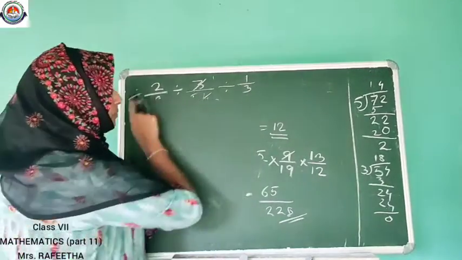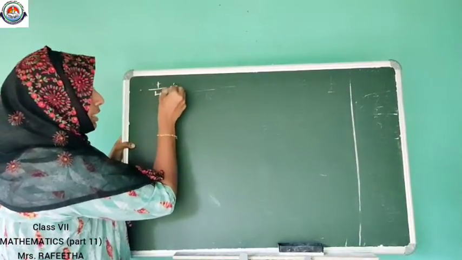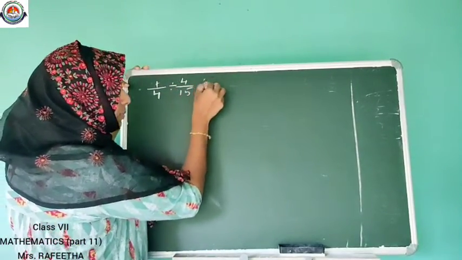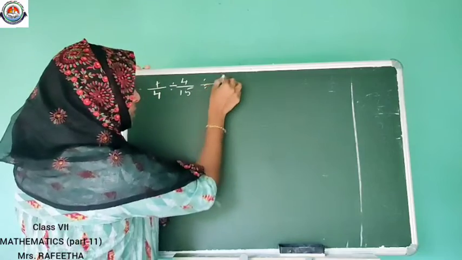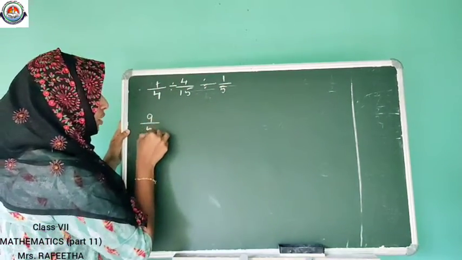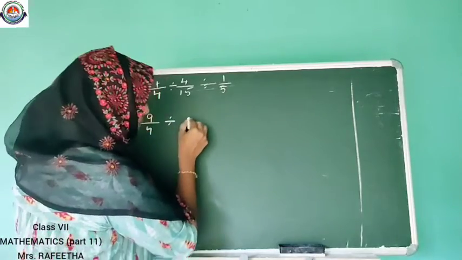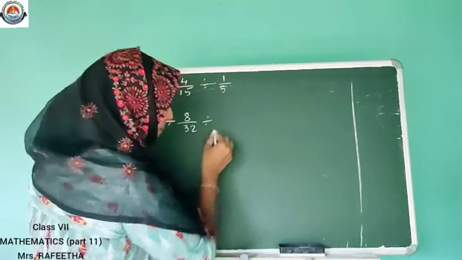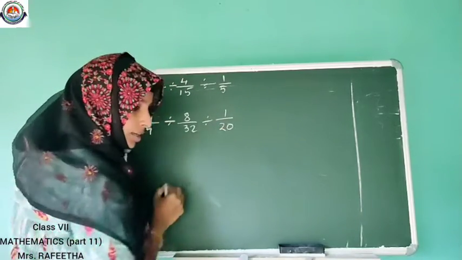Next question. 1 by 4 divided by 4 by 15 divided by 1 by 5. 9 by 4 divided by 8 by 32 divided by 1 by 20.